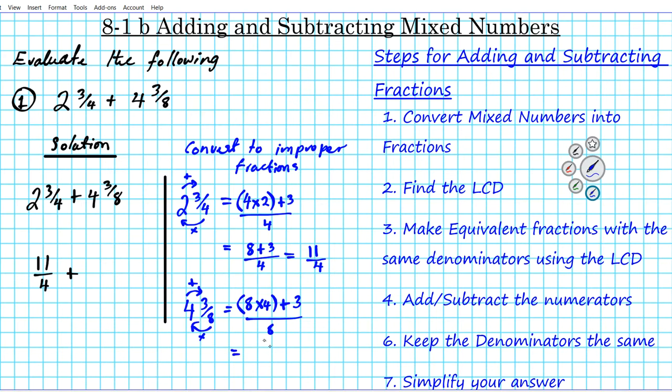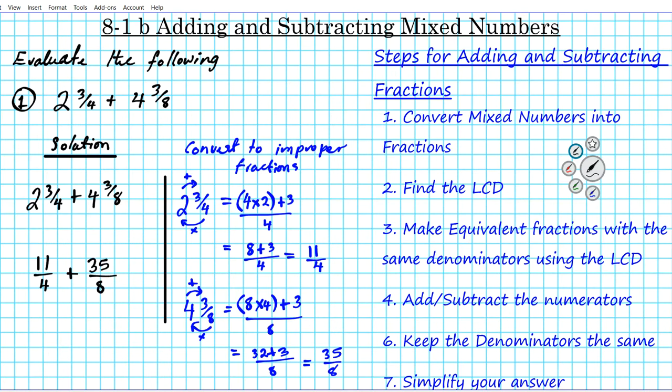Using order of operations, 8 times 4 is 32, plus 3 divided by 8. And then 32 plus 3 is 35 over 8. Now the problem is 11 over 4 plus 35 over 8.